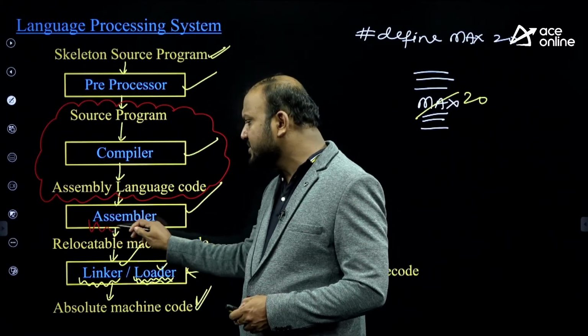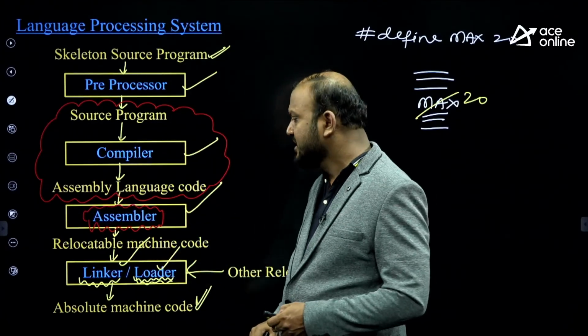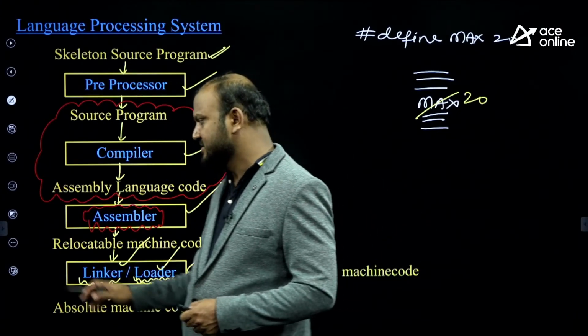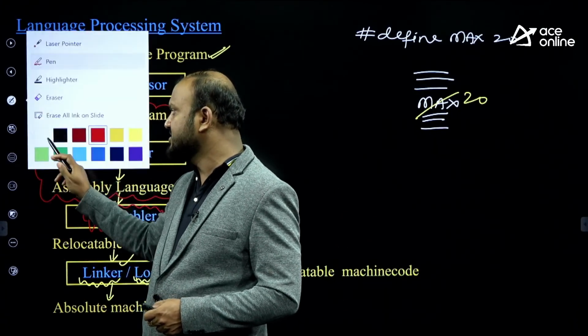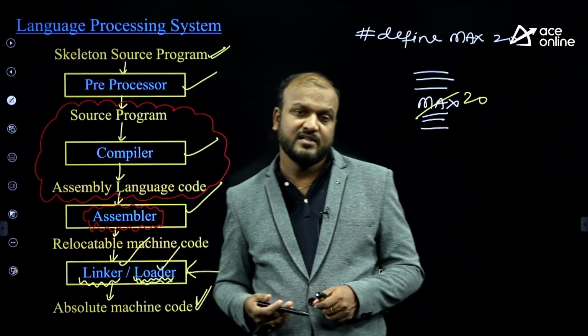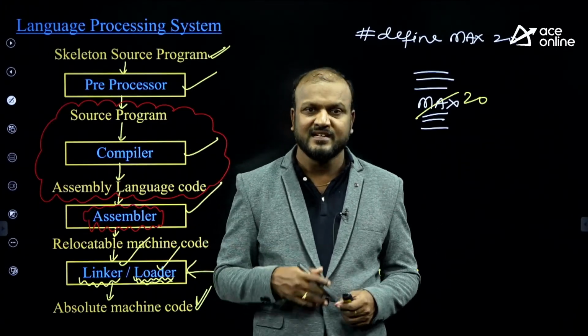And in the old syllabus of ISRO, there were a few questions based on assemblers also, because ISRO follows the GATE syllabus. In the previous GATE syllabus we do have assemblers, but in the modified GATE syllabus, we don't have assemblers, preprocessors, linkers, loaders.